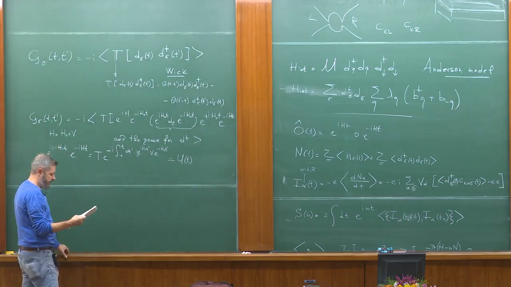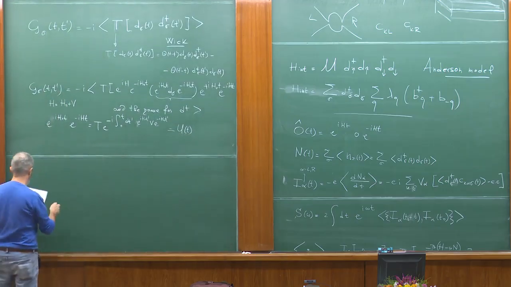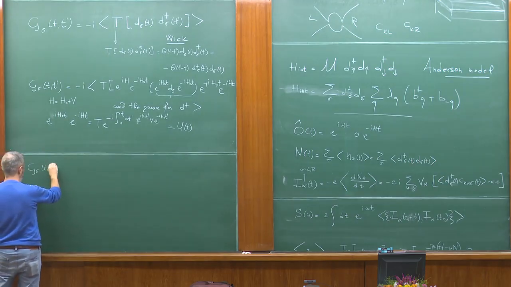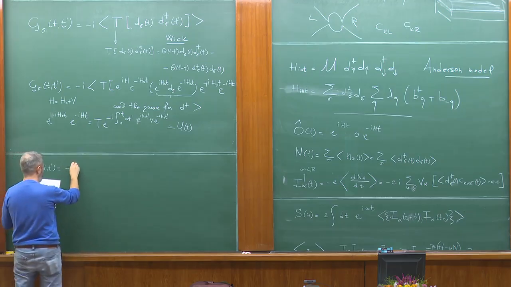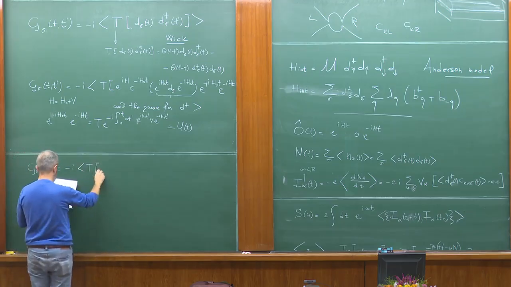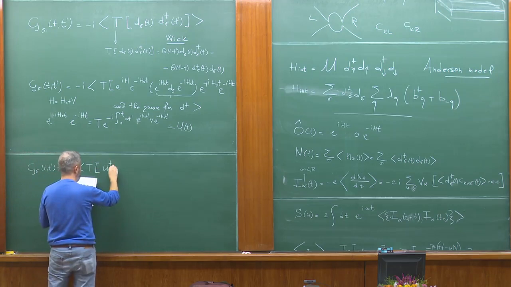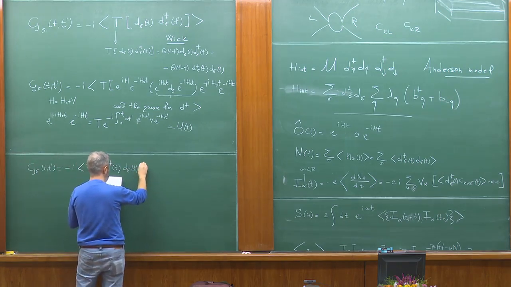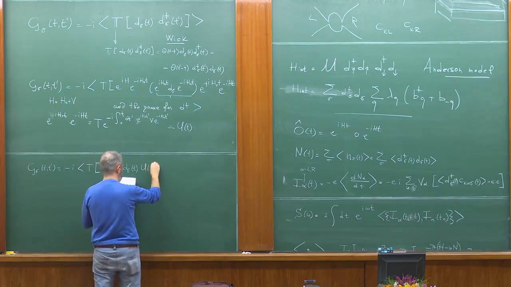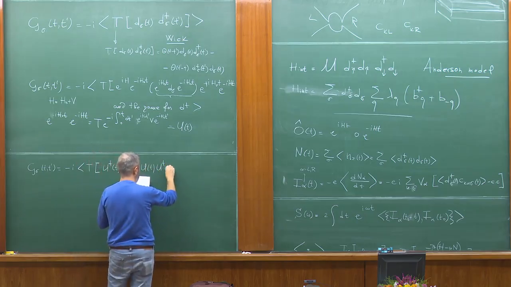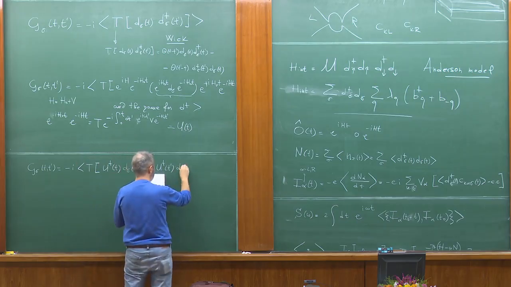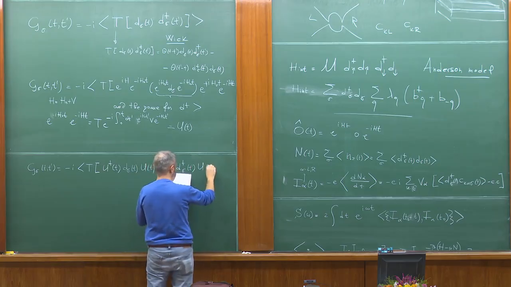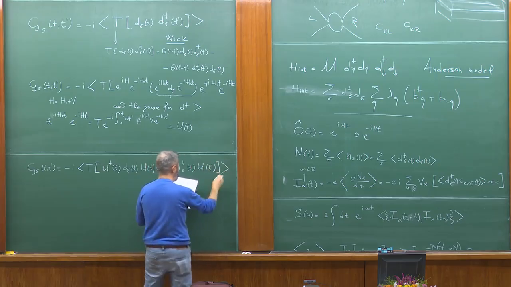But you give it a name because now it becomes easy to write your Green function, G sigma t t prime, as minus i times the expectation of T, U dagger t d sigma t U of t, U dagger t prime d dagger sigma t prime U of t prime. Okay?